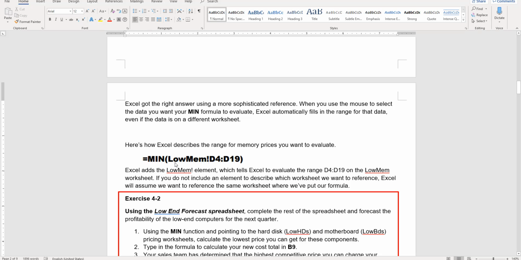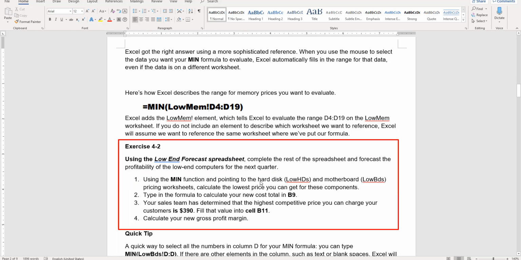This low mem with the exclamation mark refers to the low mem worksheet, and then grabbing from D4 to D19 to determine the lowest one. So basically you're going to do the same thing, grab those prices for the memory, the hard disk, and the motherboard, calculate the minimum price. The price that you're going to charge, the competitive price, is $3.90, and you want to figure out your gross profit margin.